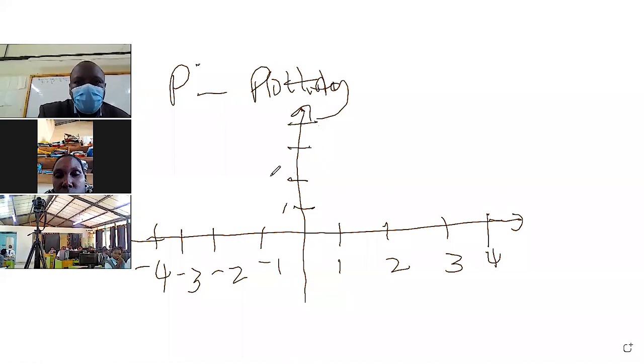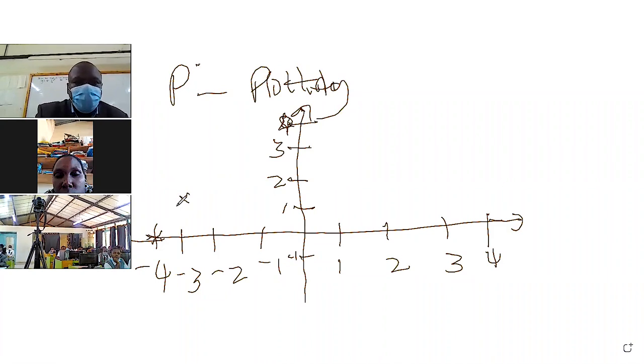So that is 1, 2, 3, 4. No, this is 4. Then we could have -1. So plotting now, this one here would be -4, 0. You plot that given point there. -3, 1.75, some place here.